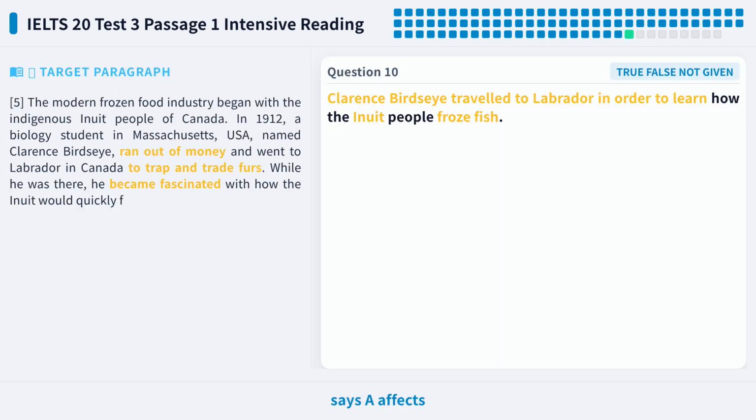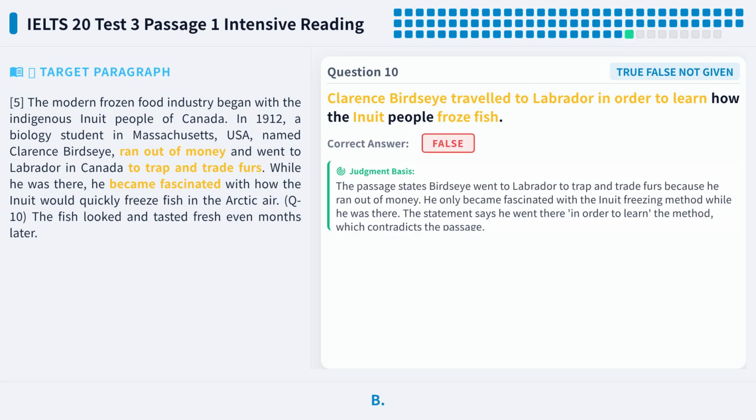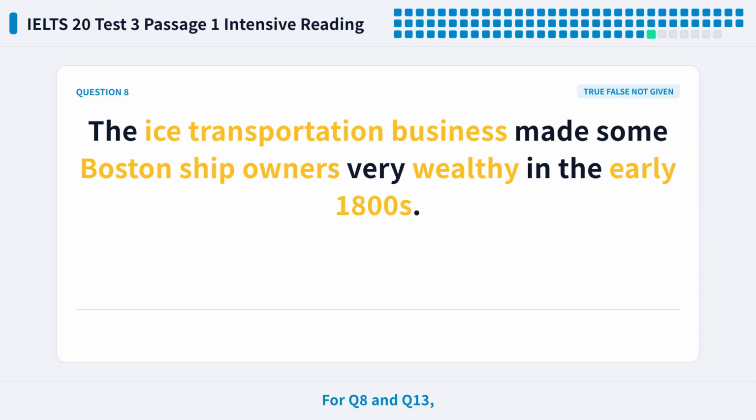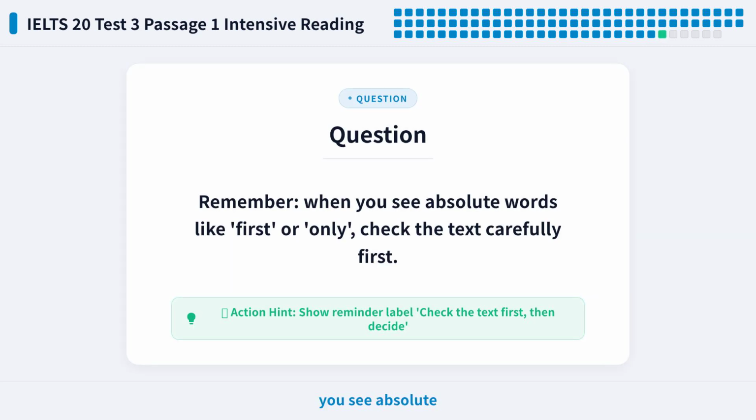For Q10, the text says A affects B, but the question says C affects B. The subject is different. Trap 3, not mentioned. The text does not talk about what the question says. For Q8 and Q13, the text does not discuss the information in the question. Remember, when you see absolute words like first or only, check the text carefully first.